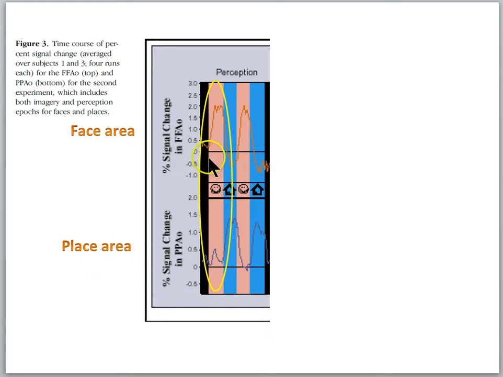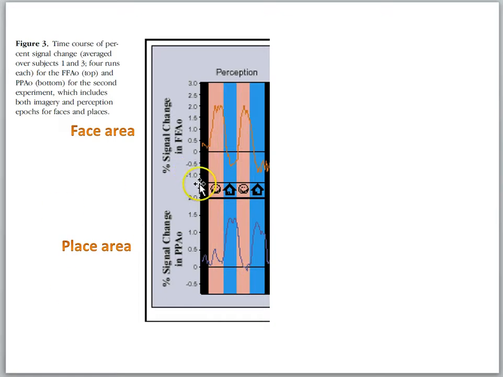When the subject sees a face, we get a significant increase in signal in the face area, not much significant increase in the place area. But when the stimulus switches to the house, then you have a reduction in activity in the face area and a significant increase in the place area, just as you would predict. These two regions of the brain are selectively responding to their preferred stimuli.